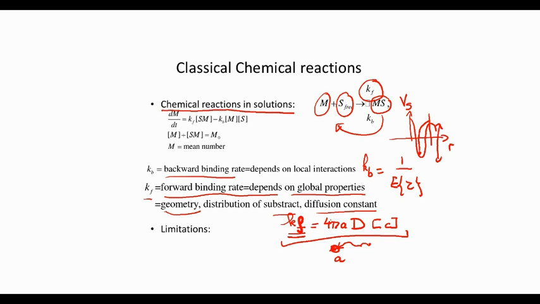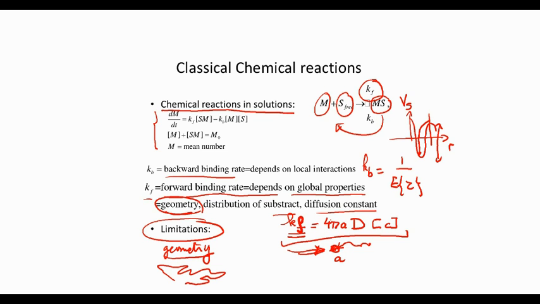So the limitation of this approach, a classical rate of chemical reaction, is that it disregards the geometry. The geometry is really homogenized. When I say geometry here, I mean that you have to find a target, but it doesn't account for a domain with a specific shape.